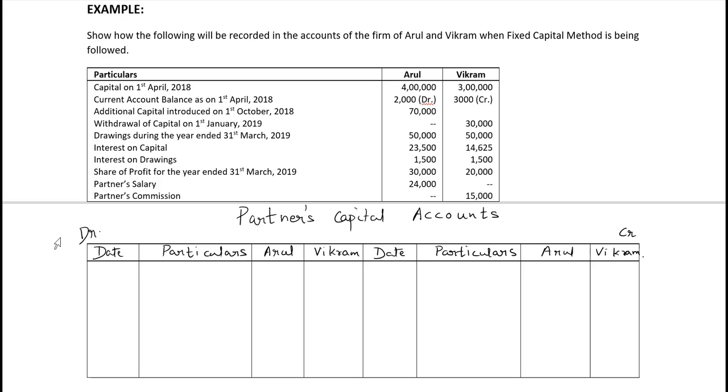We'll start by bringing down the balance of the partner's capital account at the beginning of the accounting period. Date 2018, 1st April, by balance brought down.